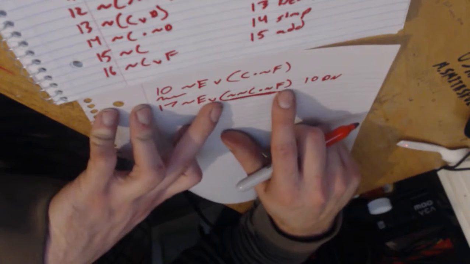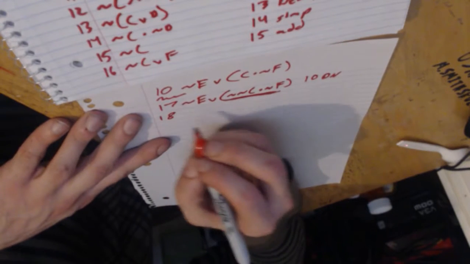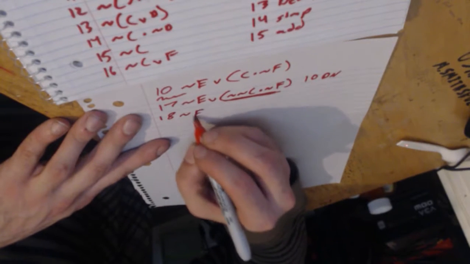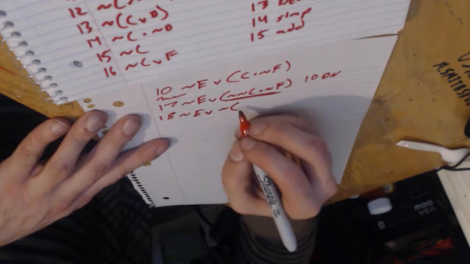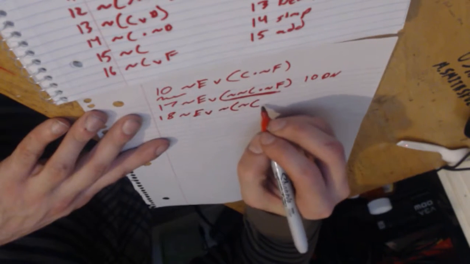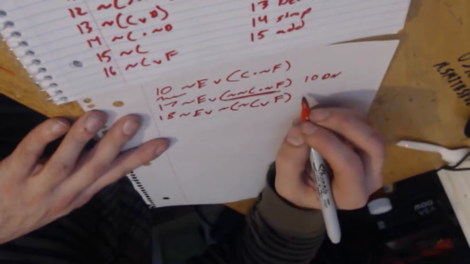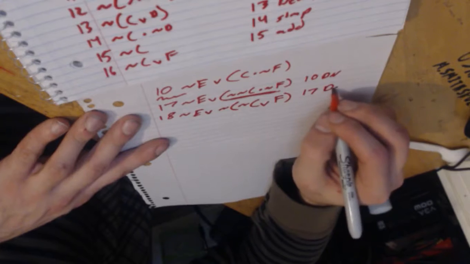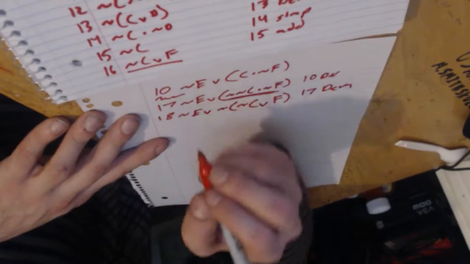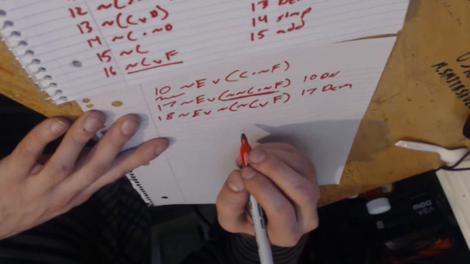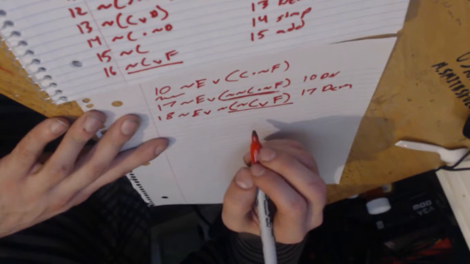So we can do De Morgan's to just this little part. So now line 18 reads as not E or not, we pulled that out, not C or F. 17 De Morgan's. So we have this, right? And we have this, right?